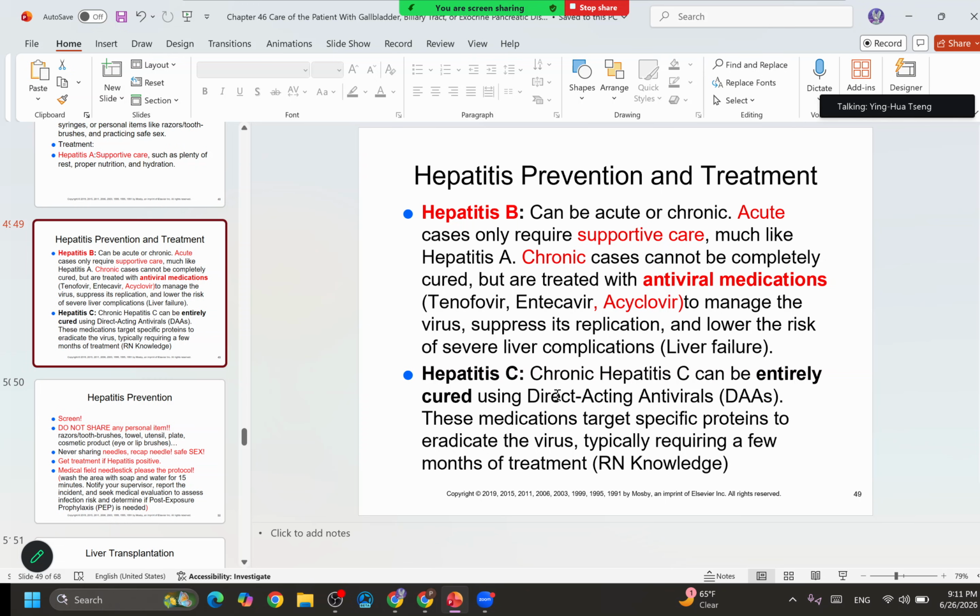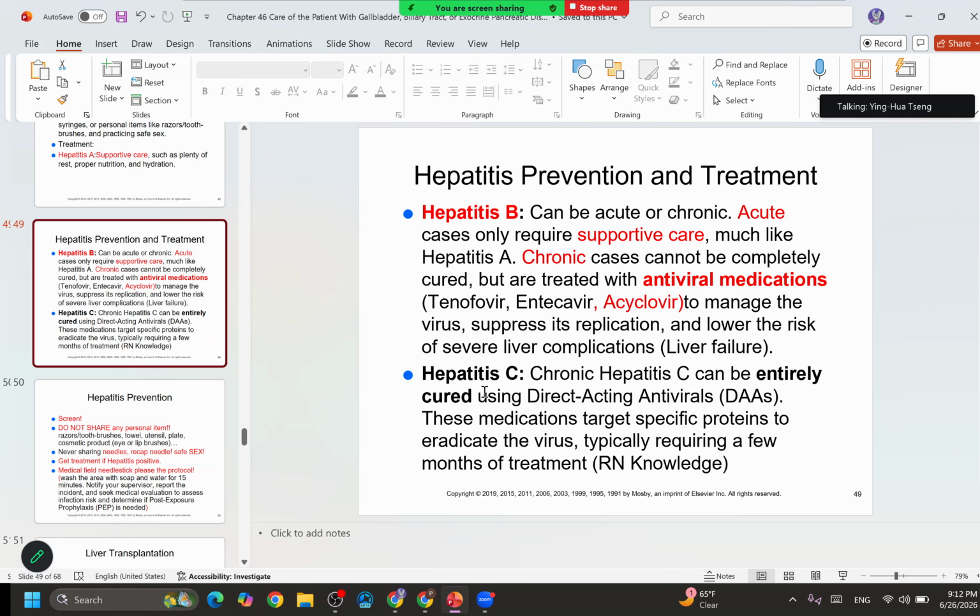Okay, hepatitis C could be entirely cured using antiviral medication. Nowadays it is different. Before, hepatitis C could not be cured, and we just saw patients suffering. But now the medication is different. Hepatitis C can be cured, well, I should not say cure.